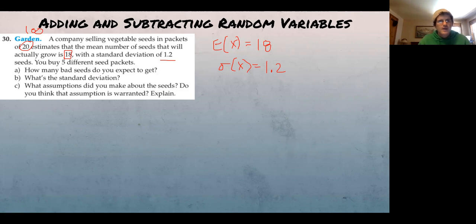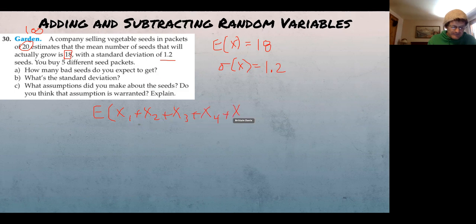Okay, so how many bad seeds do you expect to get? All right, if I'm buying 5 different packets, this is 5 repetitions of the same random event. So I'm not just multiplying this by 5. That would give me a wrong answer. Instead, what I'm going to do is the expected value of x sub 1 plus x sub 2 plus x sub 3 plus x sub 4 plus x sub 5.